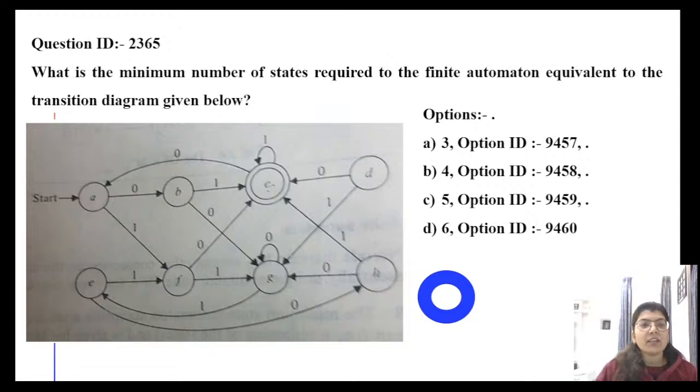So this is the question. What is the minimum number of states required for the finite automaton equivalent to the transition diagram given below?